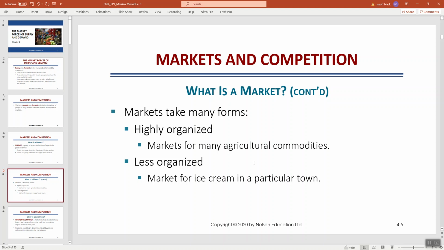Something less organized would be the market for ice cream in a small town, right? That's predicated on so many variables like the weather, the population, the time of year, the time during the week. So it's a little bit less organized. It's not as streamlined. It's kind of ad hoc, much more reactive versus something that's more planned, right?